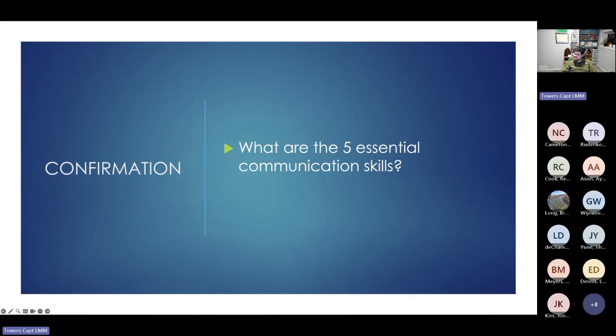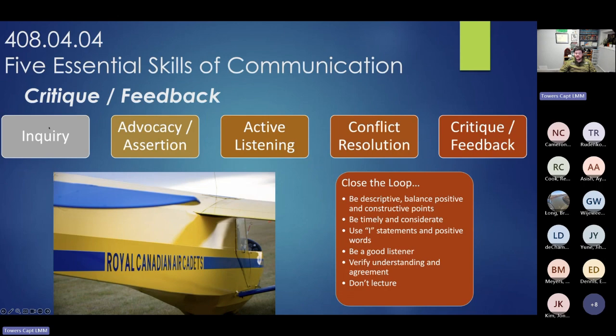Can anyone name some of them? So we talked about inquiry, advocacy and assertion, active listening, conflict resolution, and critique/feedback.